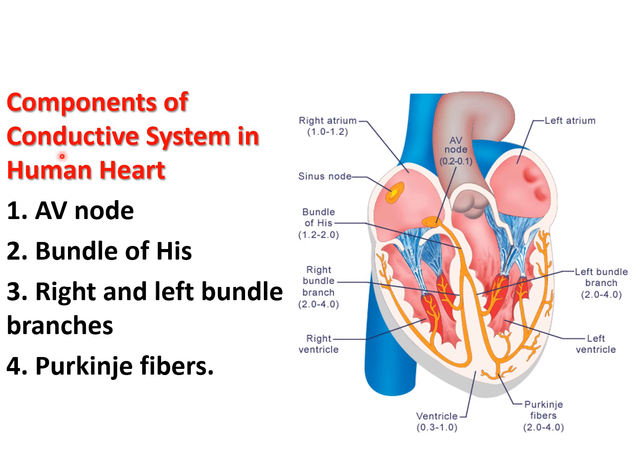The components of the conductive system in the human heart are the AV node, then the bundle of His, right and left bundle branches, and Purkinje fibers. So this is the SA node, this is the AV node, then this is the bundle of His, then the right and left bundle branches, then these are the Purkinje fibers.